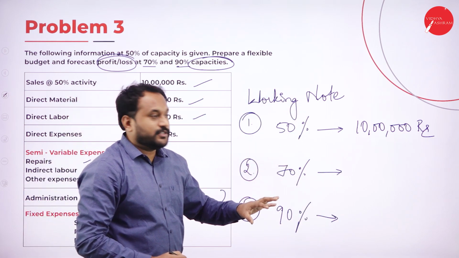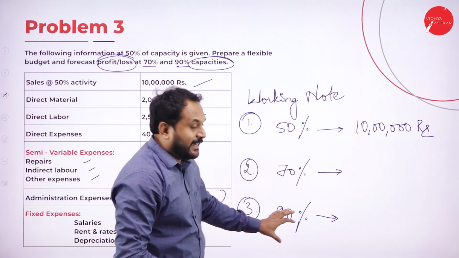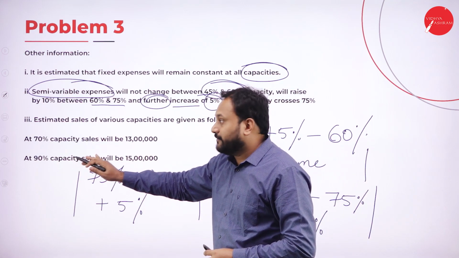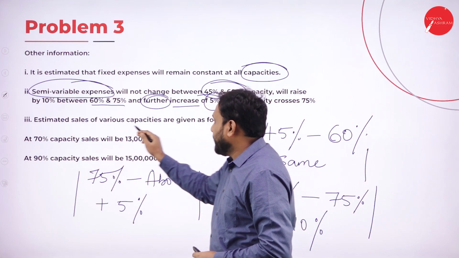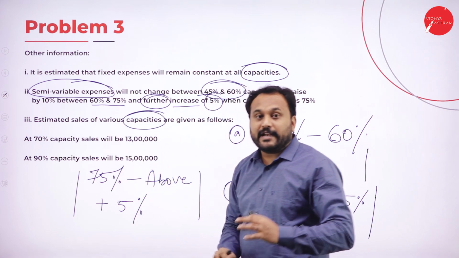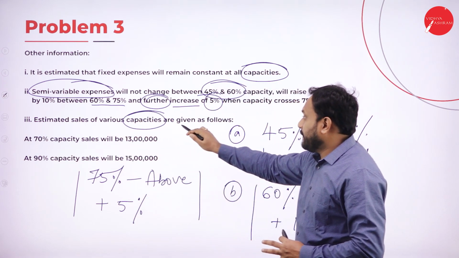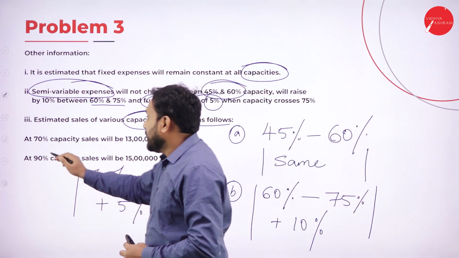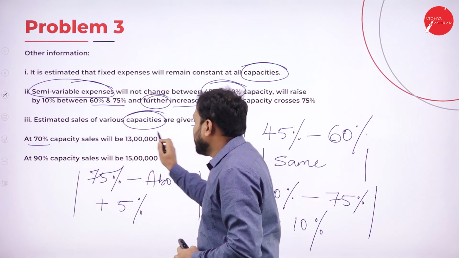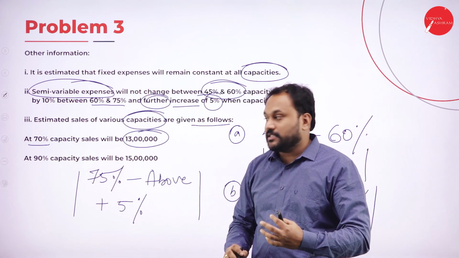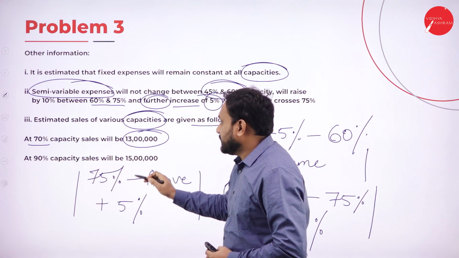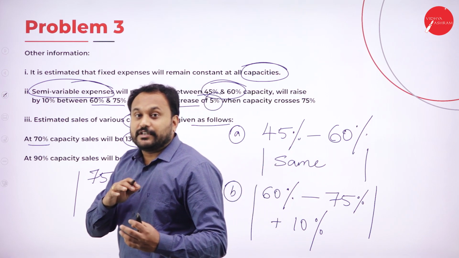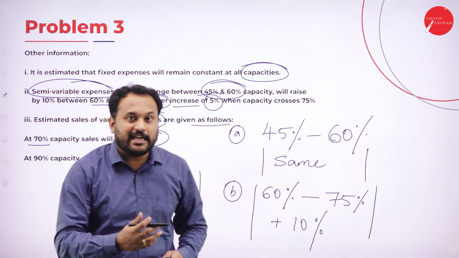Now what you are supposed to do is, you are supposed to calculate for 70% and 90%. But here students, if you carefully understand, they have only given estimated sales of various capacity. Estimated sales of various capacities are given as follows. At 70% capacity, sales are 13 lakh rupees. And at 90% capacity, sales will be 15 lakh. If they have given, you are supposed to take the same things, right?